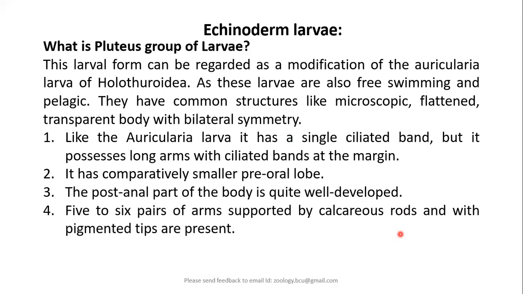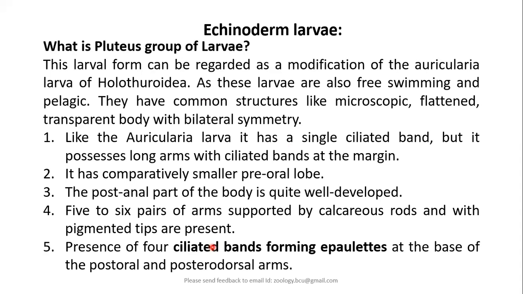And not only that, in the Pluteus larva, we come across 5 to 6 pairs of arms supported by calcareous rods and with pigmented tips, and in Echinopluteus larva especially, there are 4 ciliated bands forming epaulets at the base of postoral and posterodorsal arms.